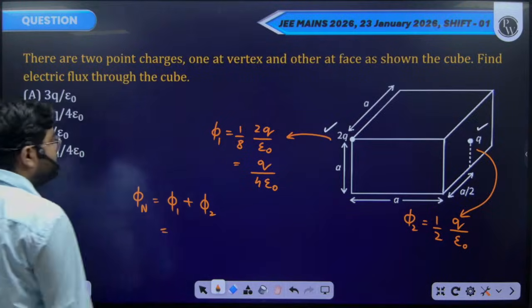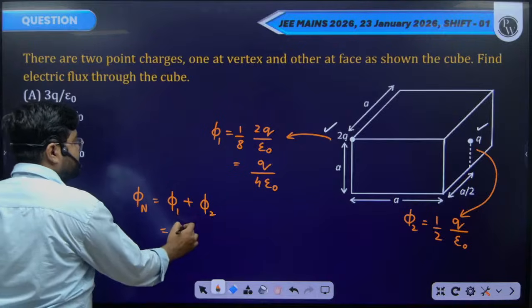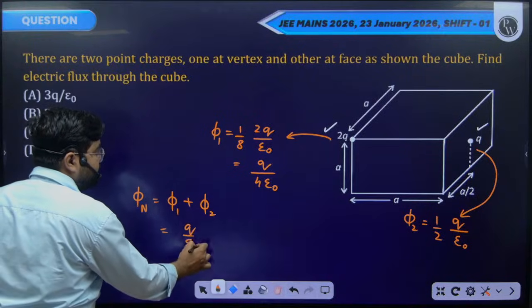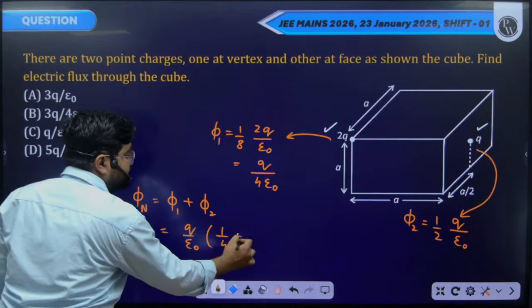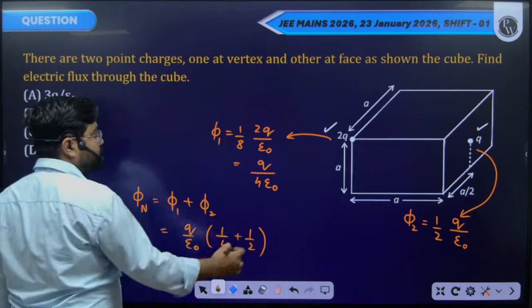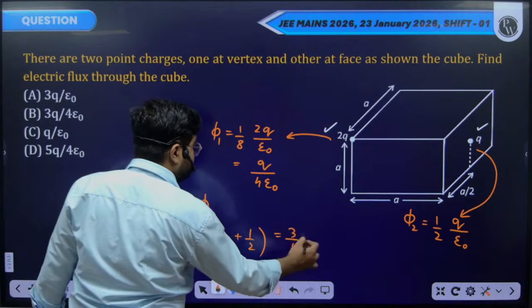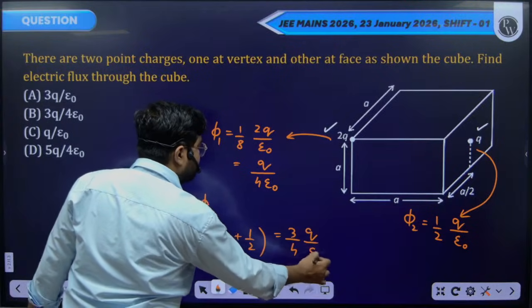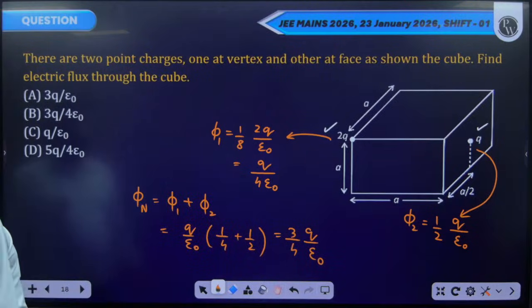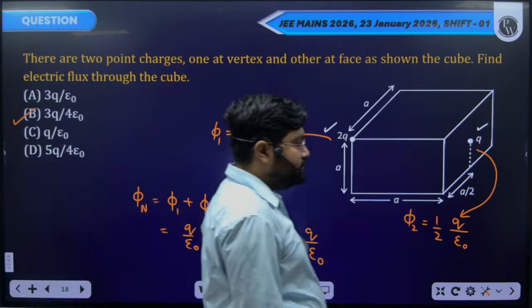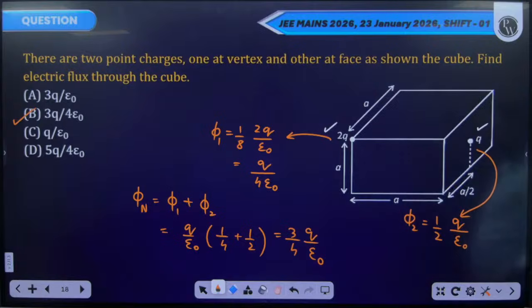So the net flux will come out as q by epsilon naught times 1 by 4 plus 1 by 2. So this is 3 by 4 q by epsilon naught, and the answer is option B. Pretty simple question from electrostatics.